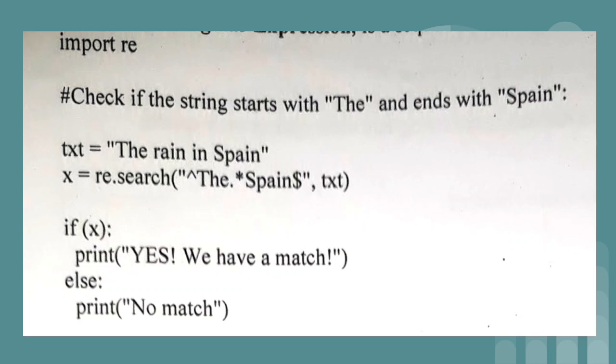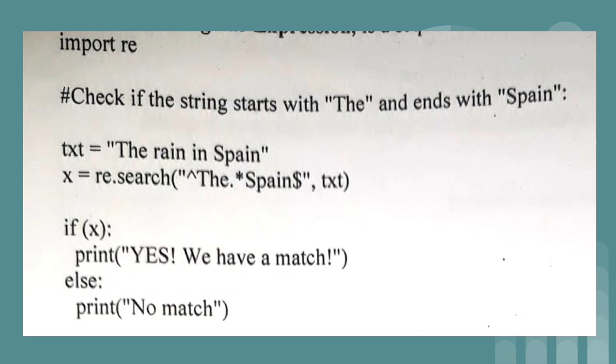Star indicates that one or more occurrences of the specific character are allowed. After that we have written Spain, and after Spain we have the dollar symbol. The dollar symbol indicates the end. Whenever we want something to be present at the end, write that word and after it use the dollar symbol.